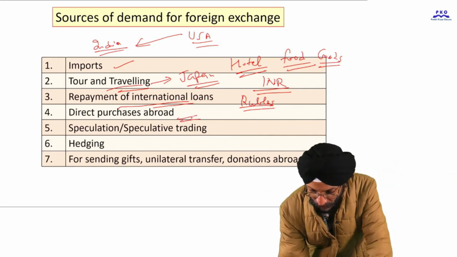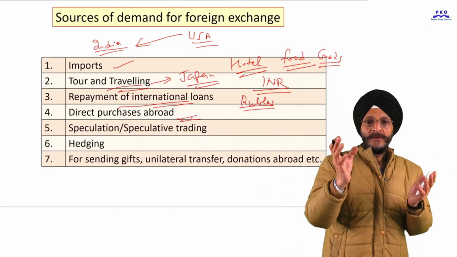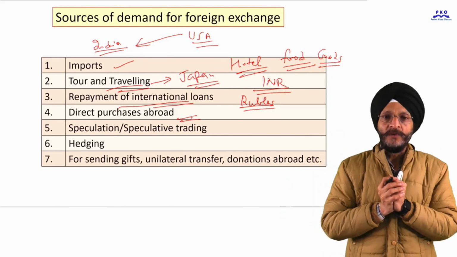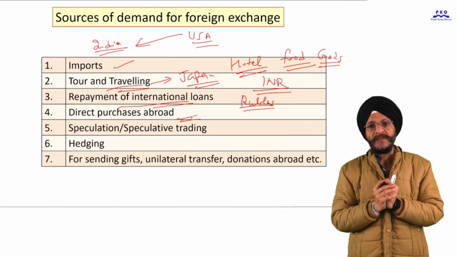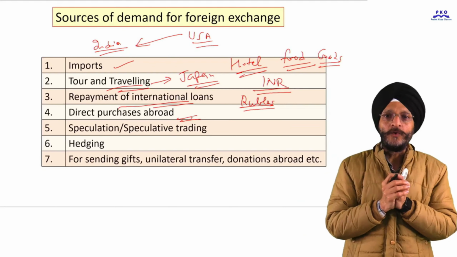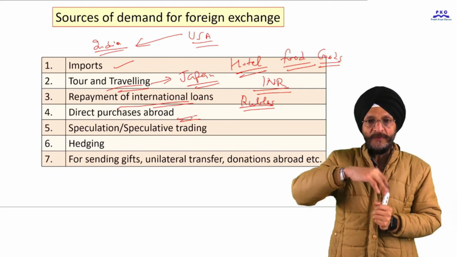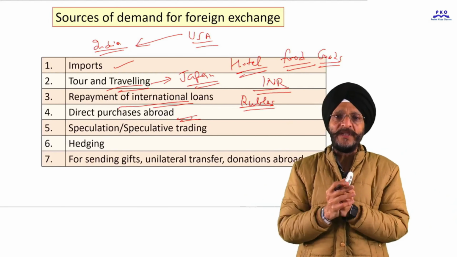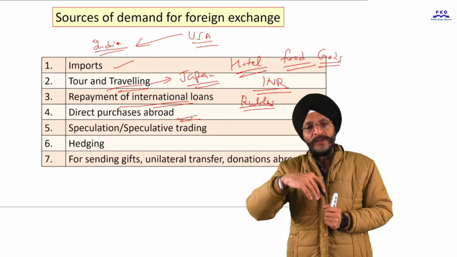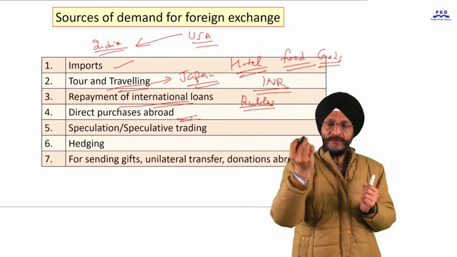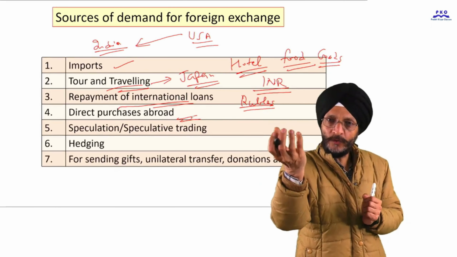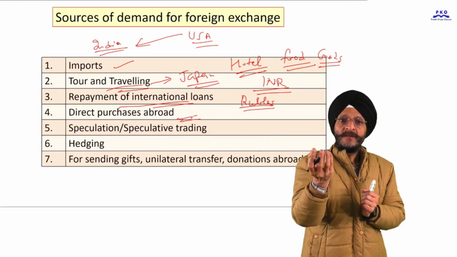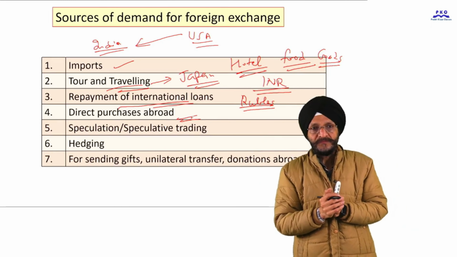Direct purchases abroad. Say we are a businessman, and we have sufficient money in the form of Indian rupees. We want to make investments abroad because we have enough money. So when we are to make investments abroad, we will require foreign exchange, or foreign currency.